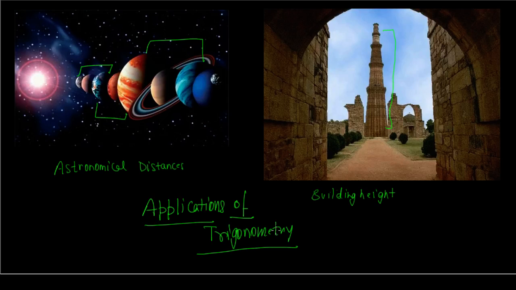So in this chapter, we are going to learn the basic application of trigonometry with the use of heights and distances. So let's begin without further ado with this interesting chapter in class 10th Mathematics SA2, Applications of Trigonometry.